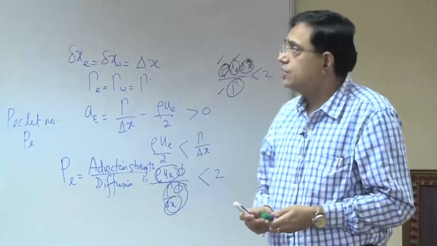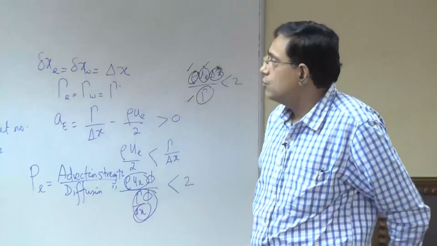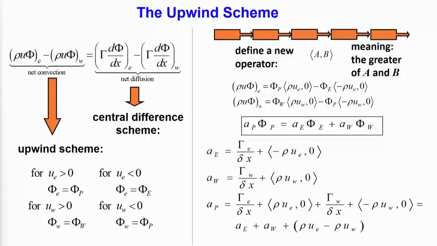In the upwind scheme, just see this simple picture. I will try to make it even simpler by drawing a simpler schematic on the board, and then possibly you will understand it more easily, and then we will refer to the slide for just the algebraic part of it. The conceptual part I am trying to explain here.